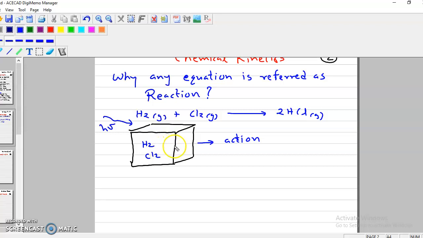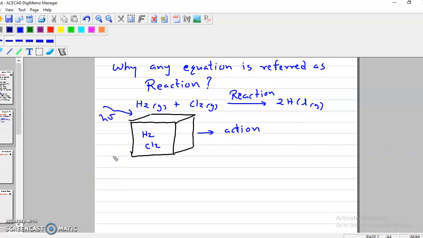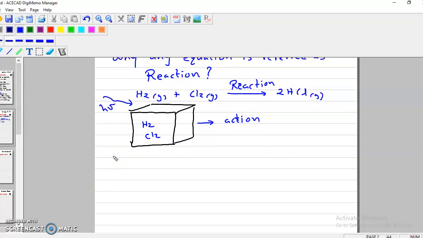So action is always carried out by humans, and then if we combine different chemicals, they will do something, that is called reaction. And it is called reaction because in reaction the results are known. Therefore we know all reactions with their results, even if we have not seen hydrogen and chlorine.